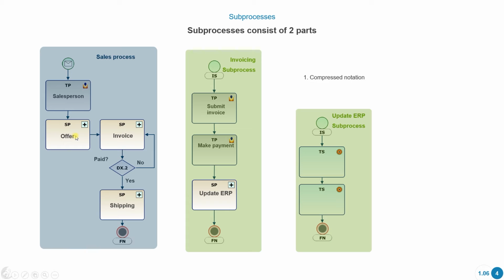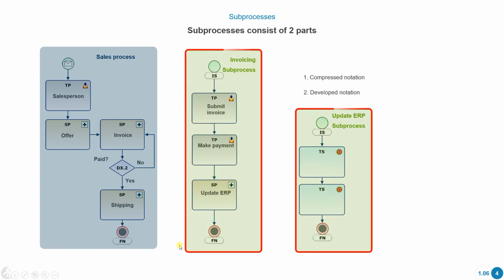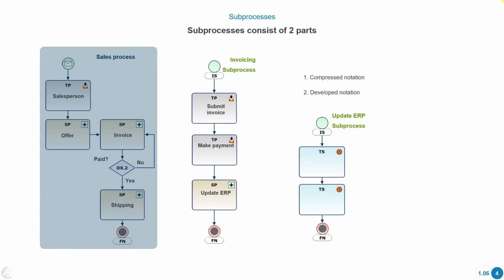So these four objects that we can see here on the screen are what we call the compressed notation of a subprocess. Now, each one of these compressed notations has to have a developed notation. And within the developed notation, we're going to have all the different attributes, all the different actions of what's going to be performed within that subprocess.